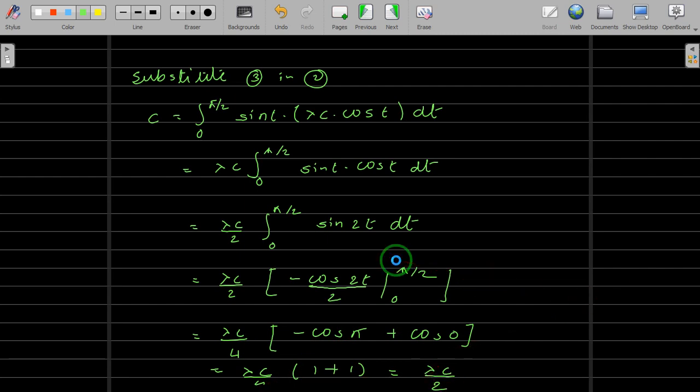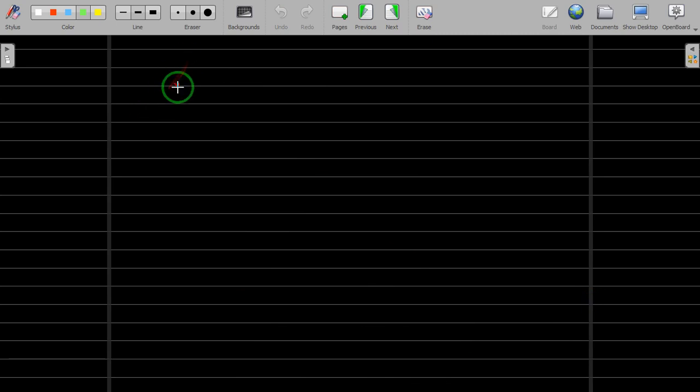So the equation you will get is c is equal to lambda c by 2, and definitely you don't cancel this c, because when you cancel c, you assume that c is not equal to 0, and definitely from here you will get lambda is equal to 2.